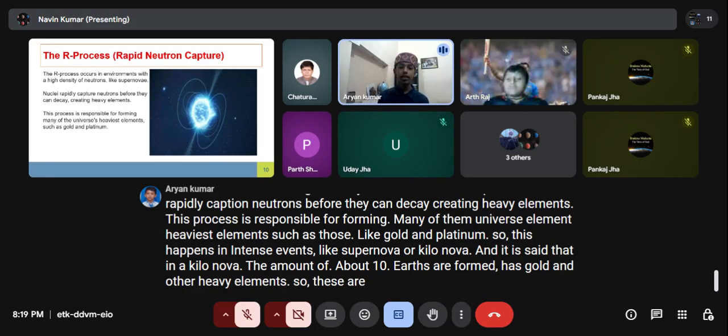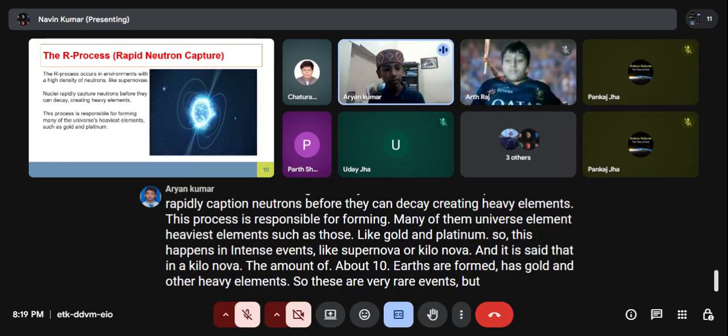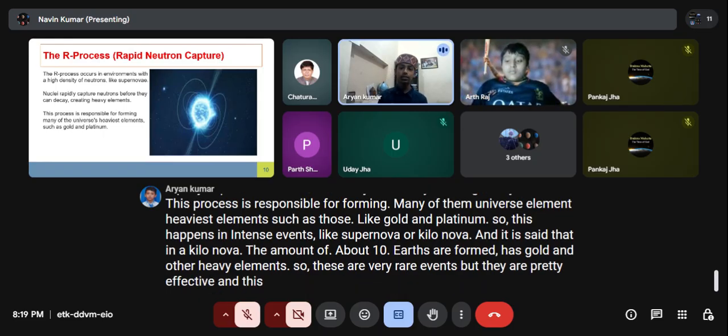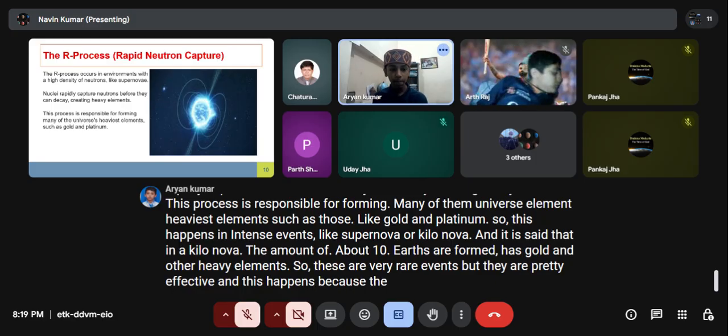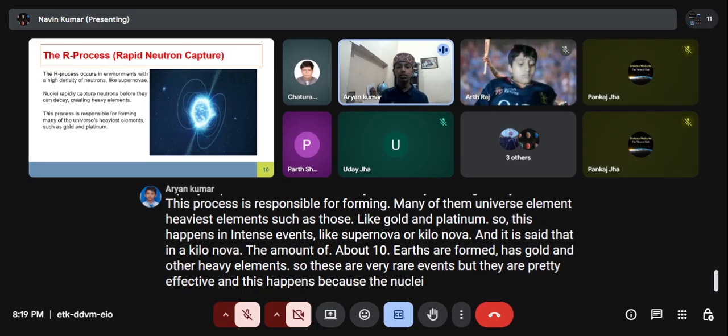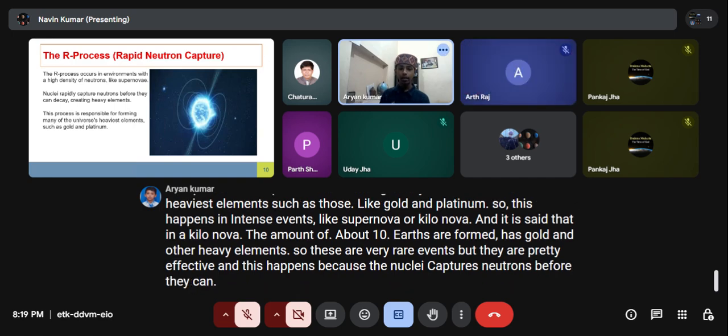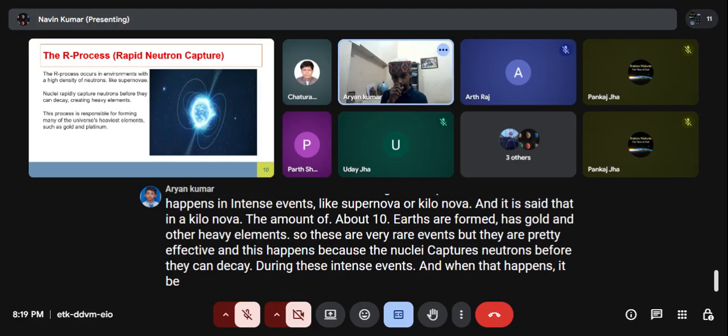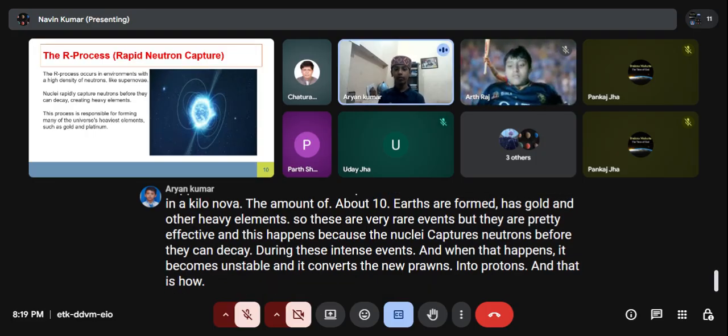These are very rare events, but they are pretty effective, and this happens because the nuclei capture neutrons before they can decay during these intense events. When that happens, it becomes unstable and converts the neutrons into protons, and that is how they form heavier and heavier elements.